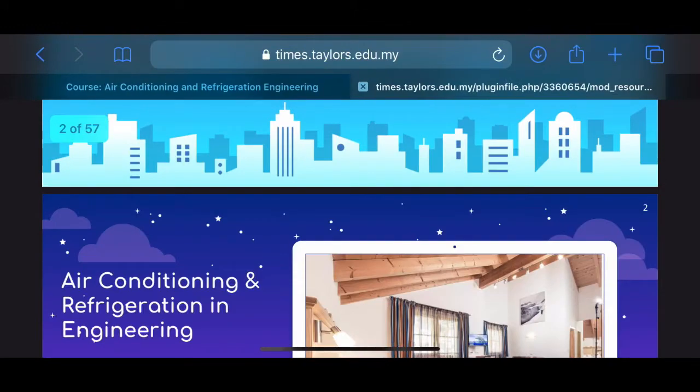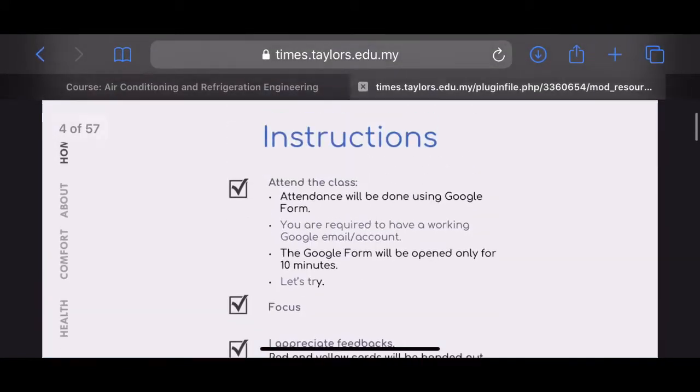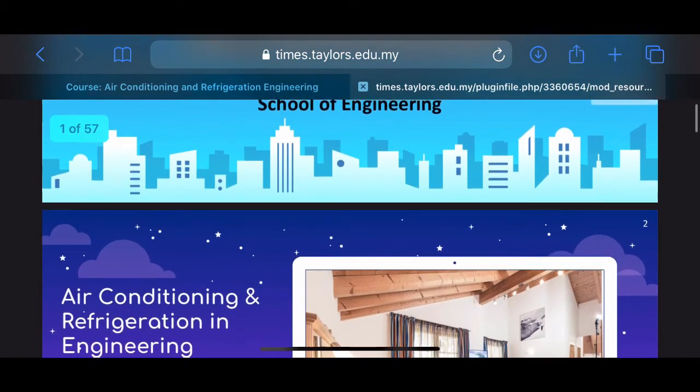So please have this PDF slide on your device, so we can use it to discuss together what indoor environmental quality is, which promotes comfort and health for humans.